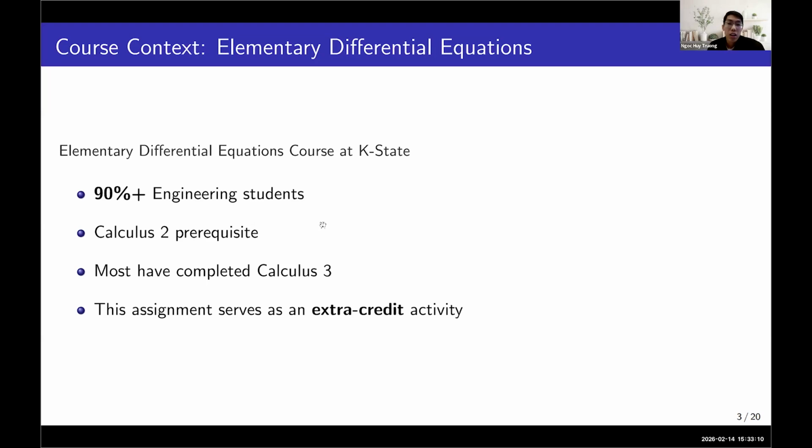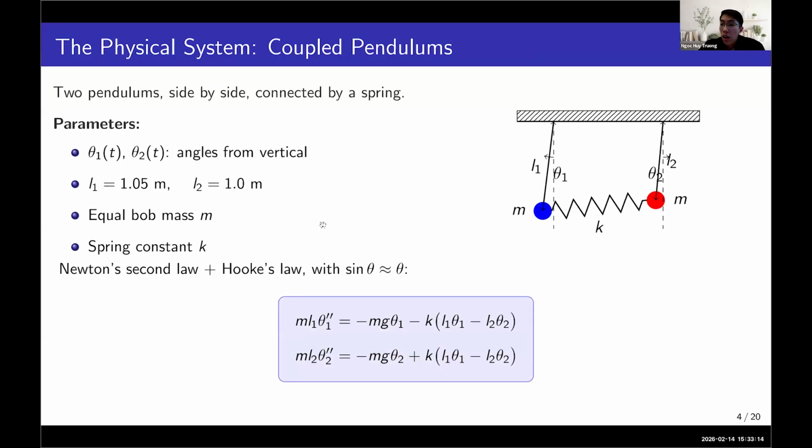So what is our physical system? We look at coupled pendulums. Imagine you have two pendulums hanging side by side from a shared bar, connected by a spring, as you see in the figure right here.